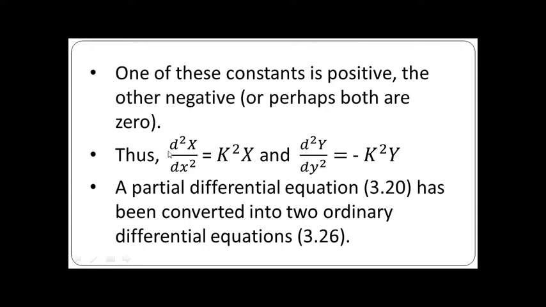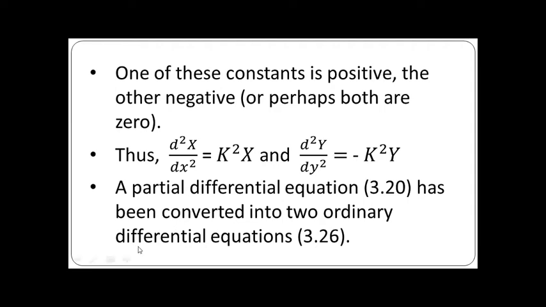So let us say c1 is positive and equal to k square, and c2 is negative, equal to minus k square. Substituting this, we get d square capital X upon dx square equal to k square capital X, and d square capital Y upon dy square equal to minus k square capital Y. A partial differential equation has been converted into two ordinary differential equations, and the solutions of these are easier.